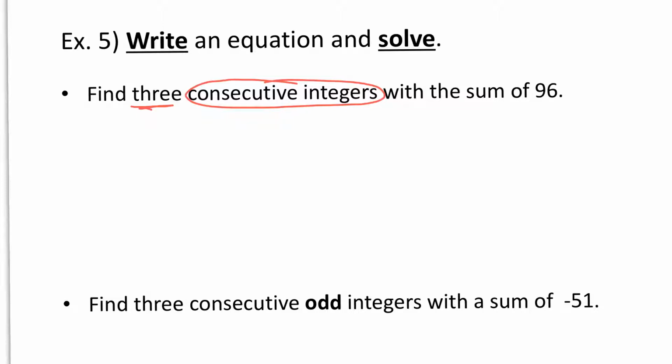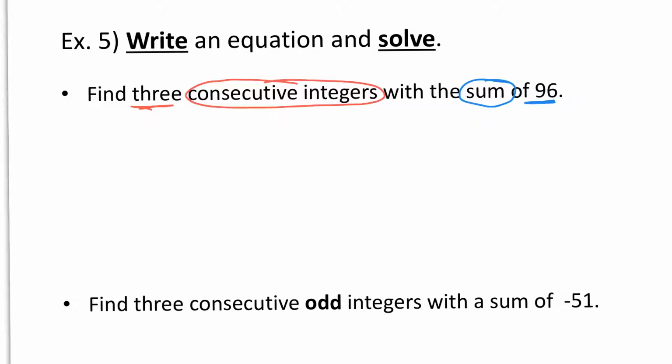Those are consecutive integers because they're next to each other, one by one. You can say 77, 78, 79. Those are consecutive integers because they follow each other. So we are looking for 3 consecutive integers, but the key is the sum of those 3 consecutive integers has to be 96.